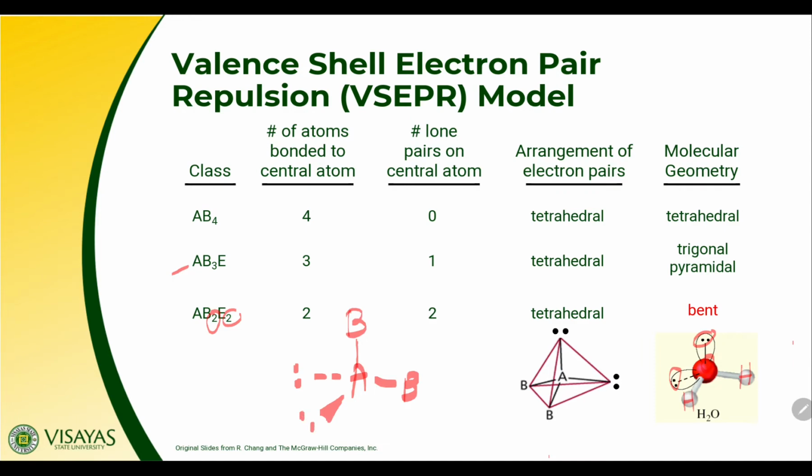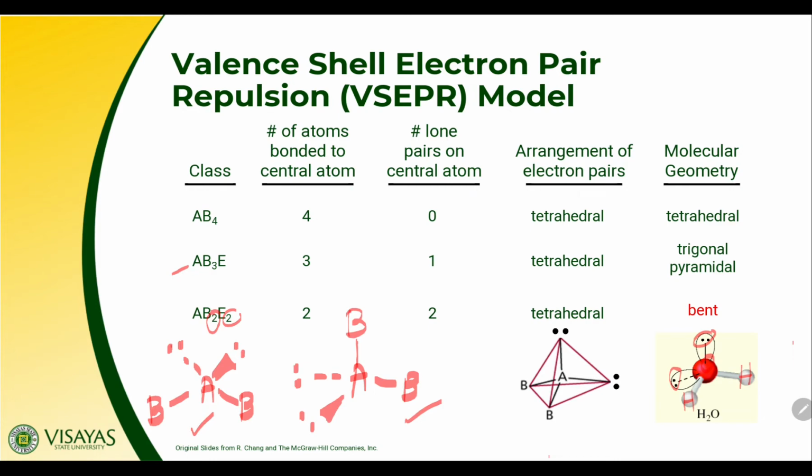Okay, so this is our bent structure. Or we could actually rotate this one here. So we like to do it like this. We have our bent structure, then one of the electron pairs is in dash or broken line, and one of the lone pairs is in wedge line.